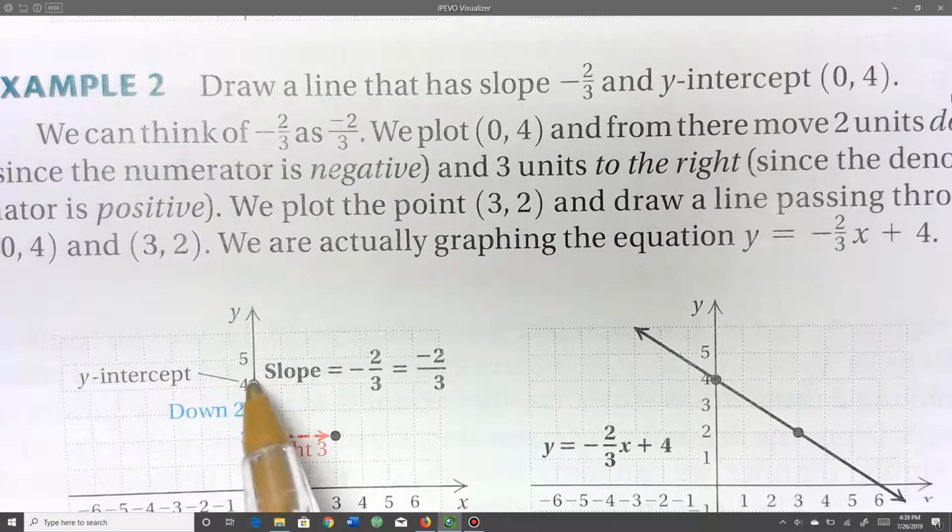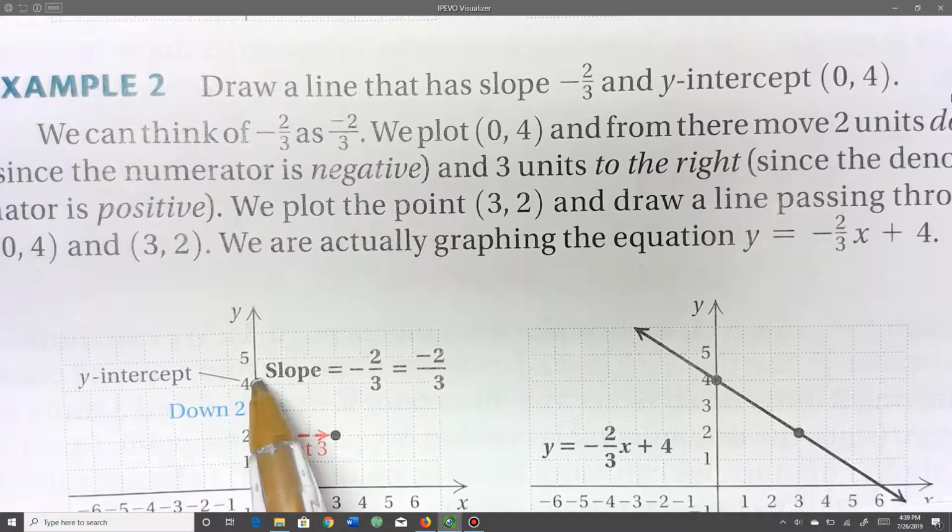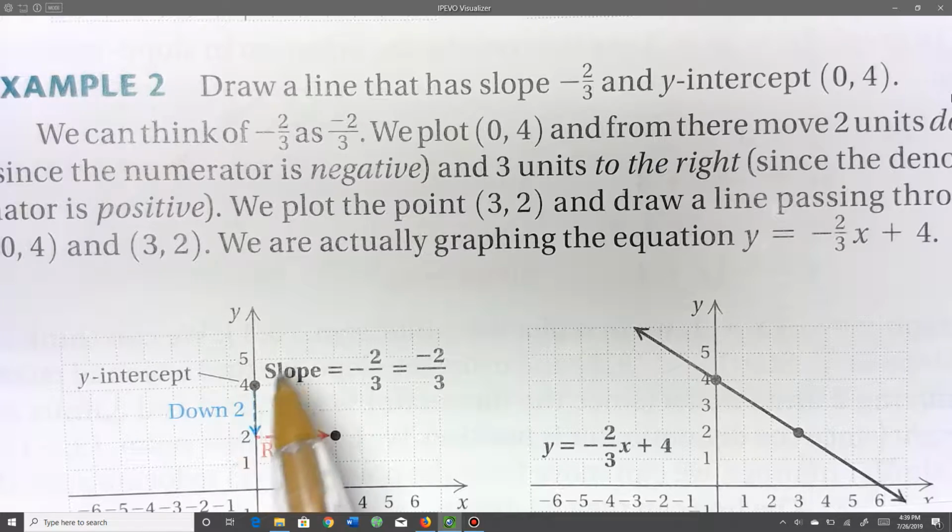But now, since I'm plotting the slope, that's different. Since I'm plotting the slope, I start at the point I just plotted.